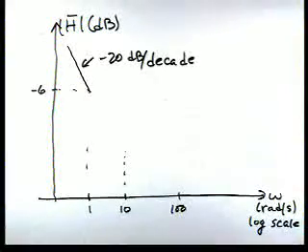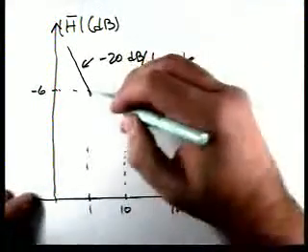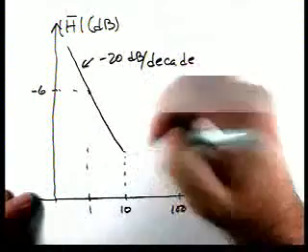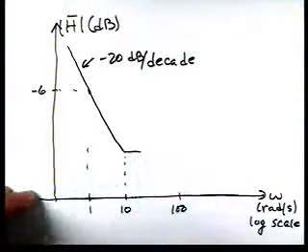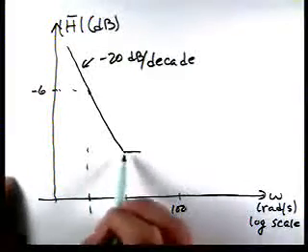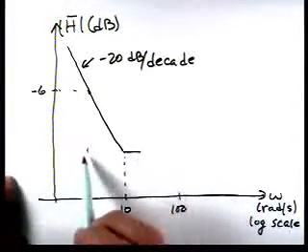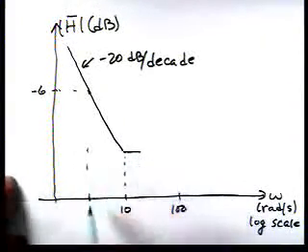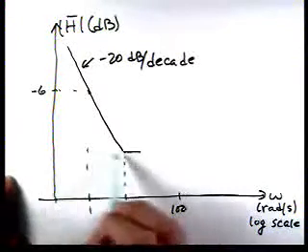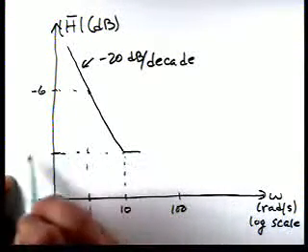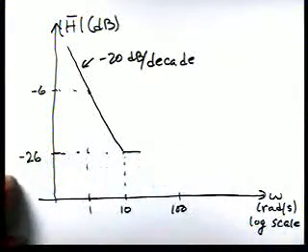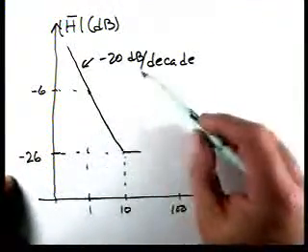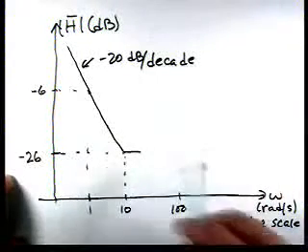So we continue down at minus 20 dB per decade until the zero comes on. At that point, our curve is going to flatten out. Here's a whole decade of frequency between 1 and 10, so this is going to be minus 26, because at minus 20 dB per decade, going from 1 to 10 drops 20 dB.